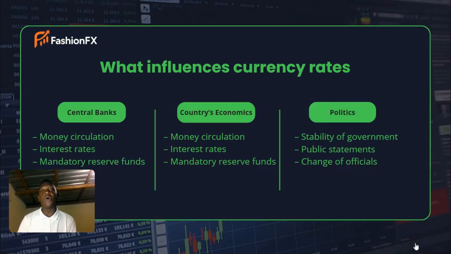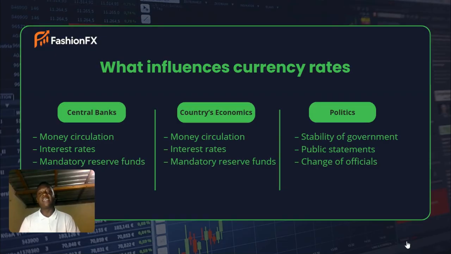Section 2. What influences currency rates? Currency prices change because of many factors. One major influence is central banks. They control interest rates, money supply, and mandatory reserve funds.